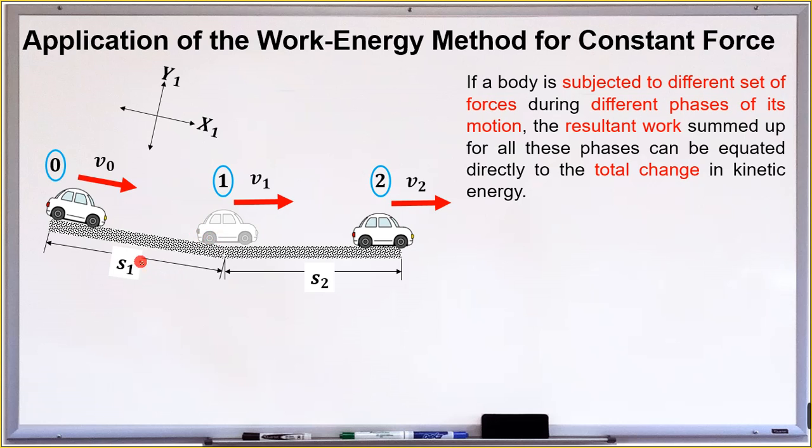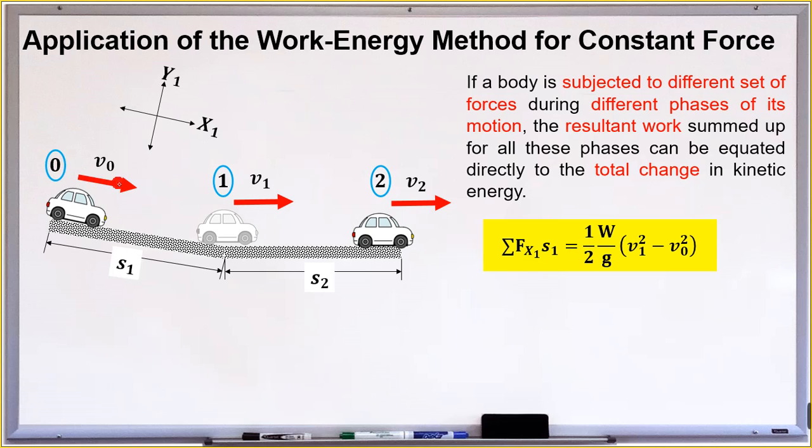Again, in the first phase, it travels along an inclined plane, and this is its axis. So x is inclined, and y is normal to this inclined plane. If we do the summation of work here, the summation of forces along the x1 axis times the initial displacement is equal to the change in its kinetic energy.